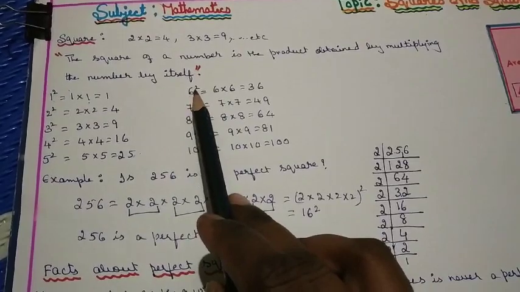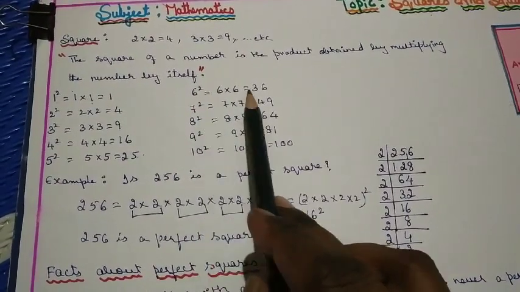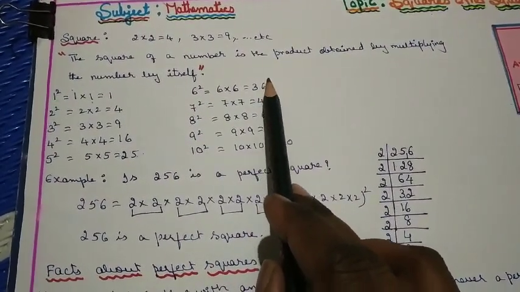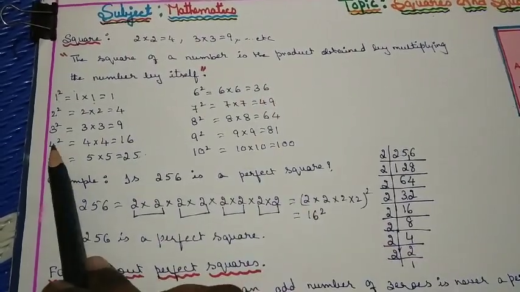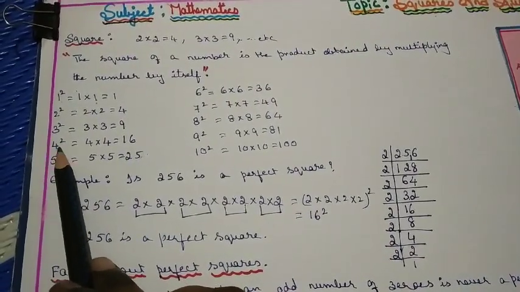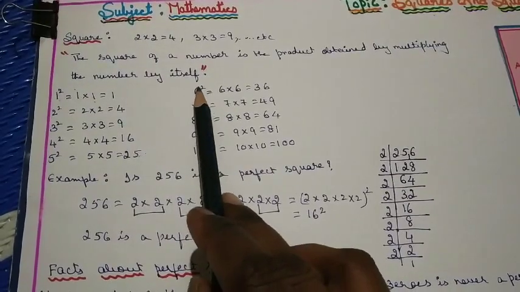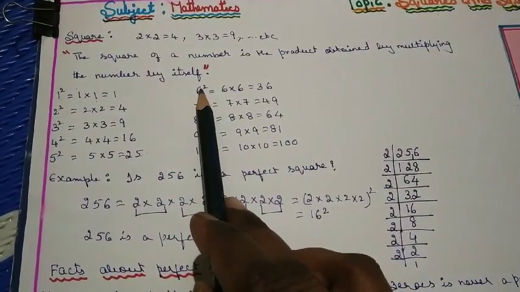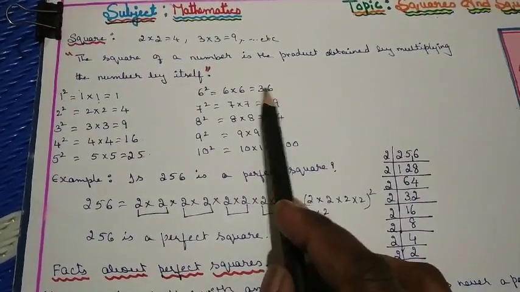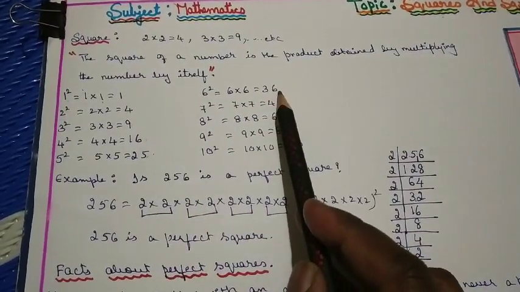Then if I go with 6 square, it ends with the digit 6 in the perfect square. You can observe that 4 in the units place of a number or 6 in the units place of a number, they both end with the digit 6 in their perfect square.